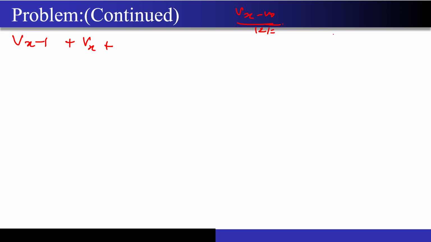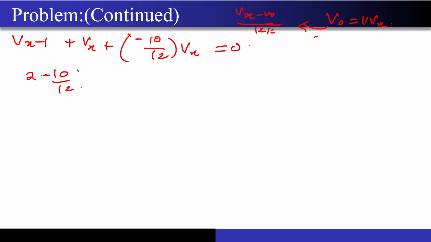We said we need to put V0 equal to 11 Vx. Now if you put it over here, you will be left with minus 10 upon 12 into Vx. This will be equal to 0. Now what you have is 2 minus 10 by 12, and from here and from here, Vx is equal to 1.